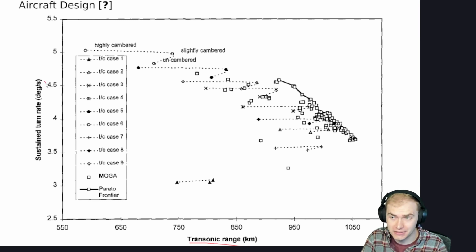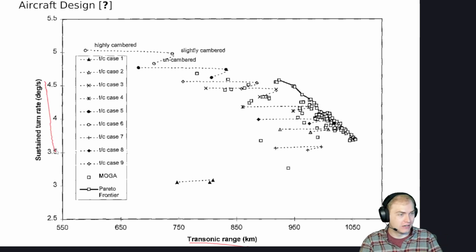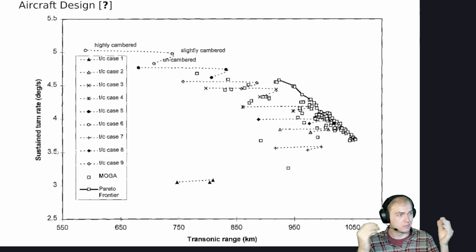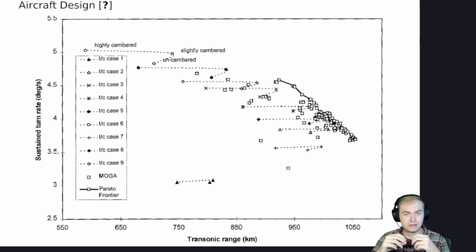If you're making a fighter aircraft, maybe you care more about how quickly and how long it can endure a turn. So maybe you create a few designs, test them, or simulate them somehow, and plot their range versus turn rate.